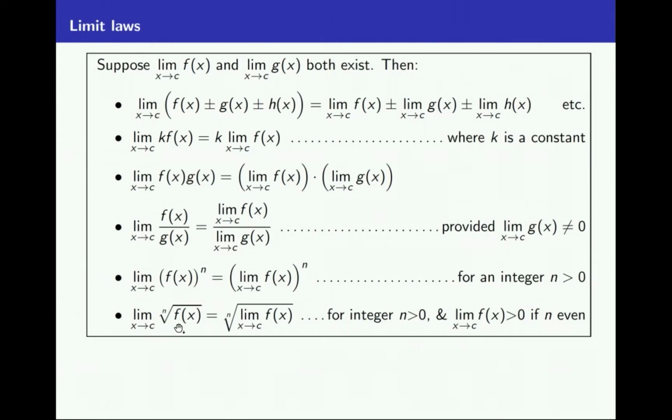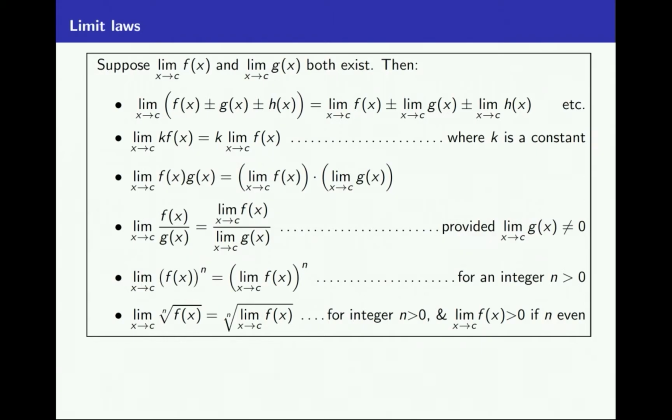This limit can be brought inside the nth root. And this holds for integers n greater than 0. And also we demand that the limit as x approaches c of f of x be greater than 0 if n is even, because otherwise, if it were negative, you can't take the even root of a negative number.